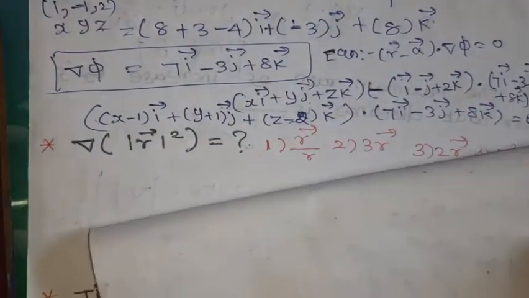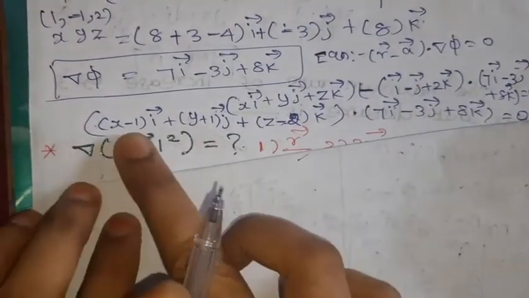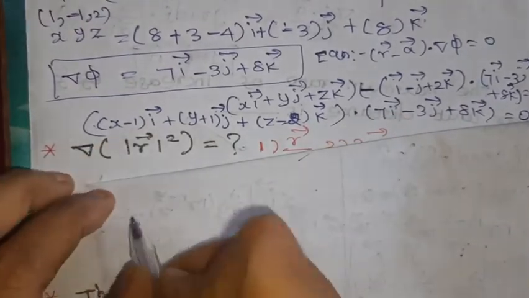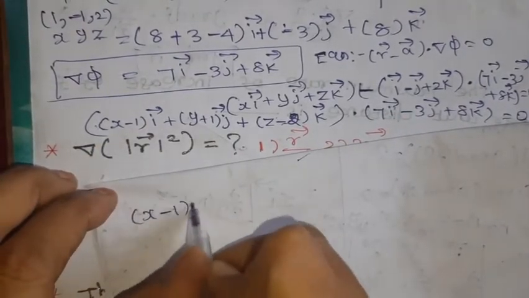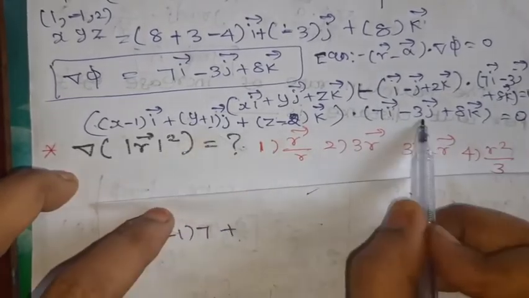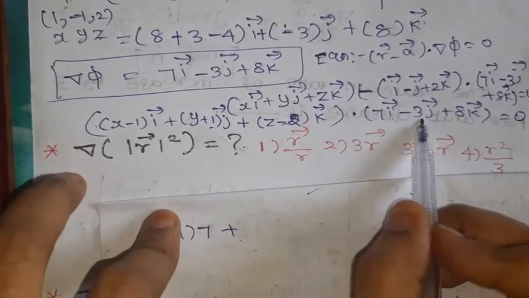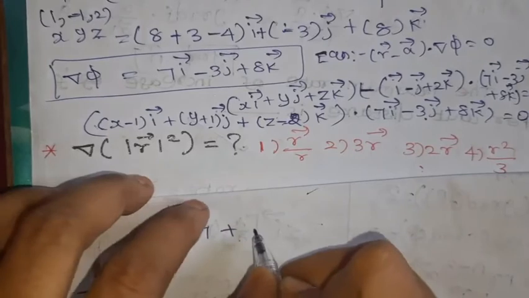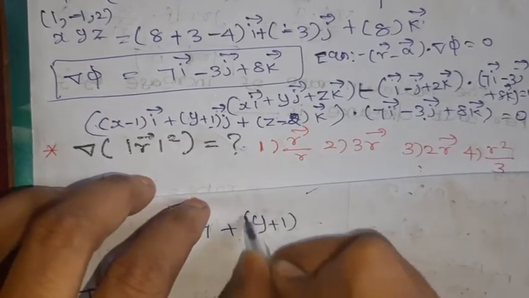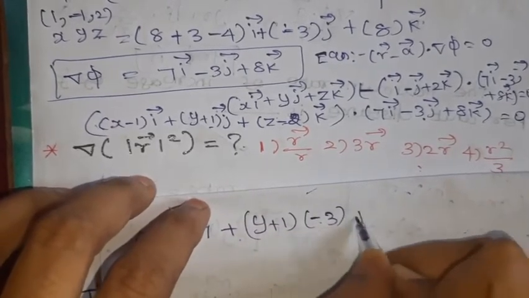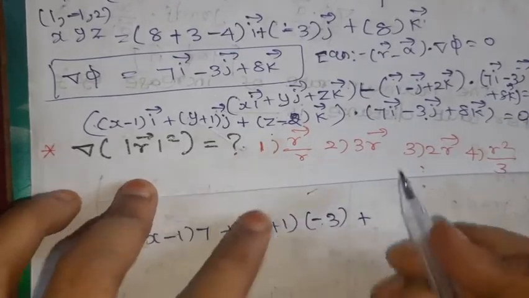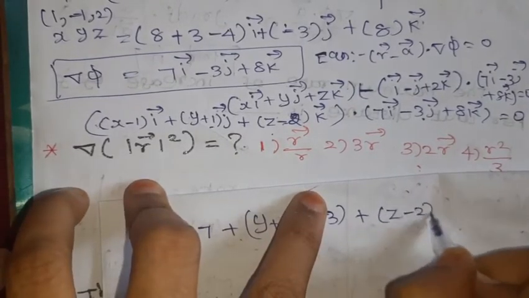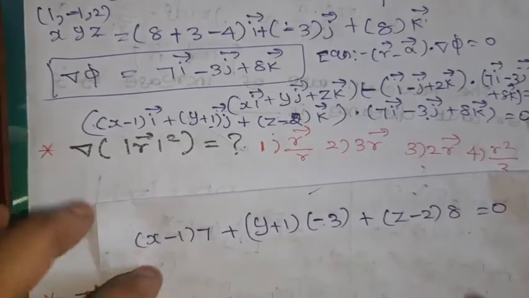There is no sufficient space now, so here I will use another paper and solve. So (x minus 1) into 7 plus (y plus 1) into minus 3 plus (z minus 2) into 8 equal to 0.